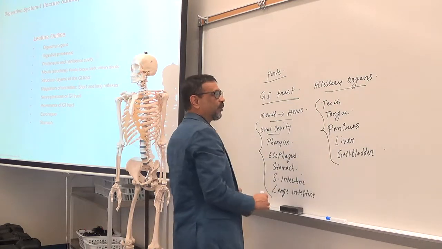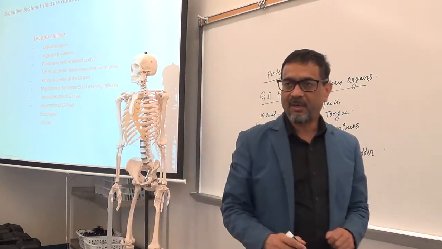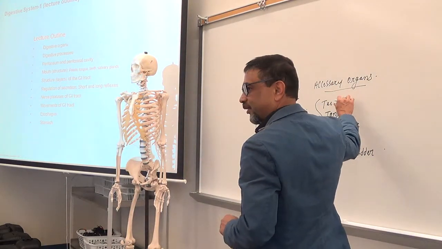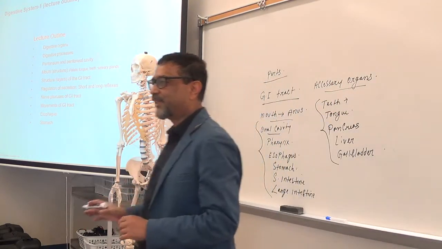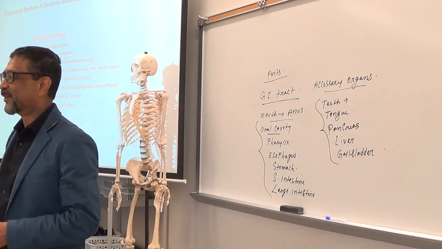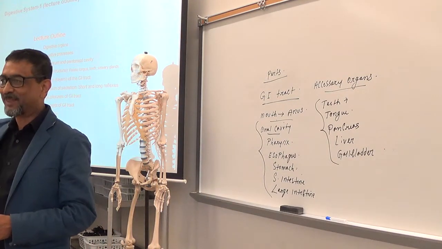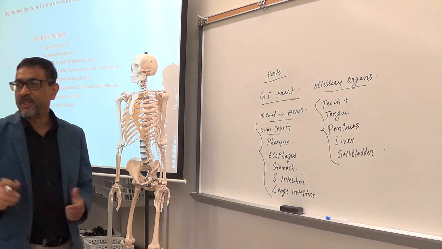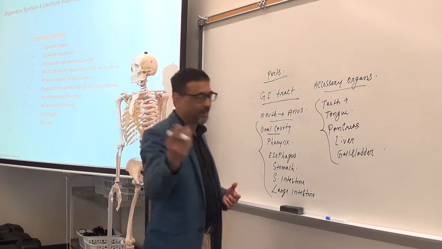Those belong to the accessory organs. Teeth helps in what? Simple. Teeth helps to do what? To cut, break the food, large food into small, right? So that is actually digestion, breakdown of food.